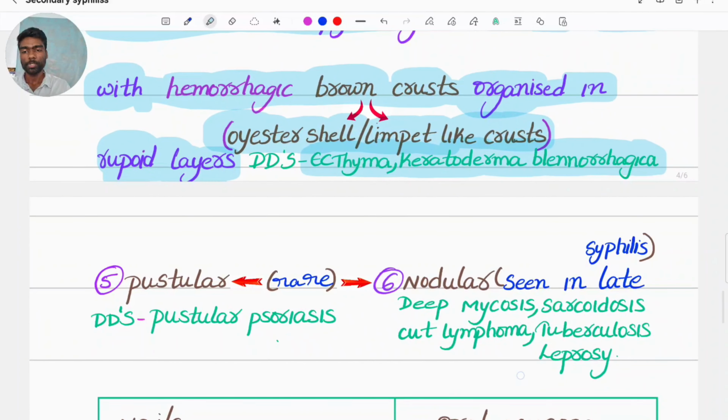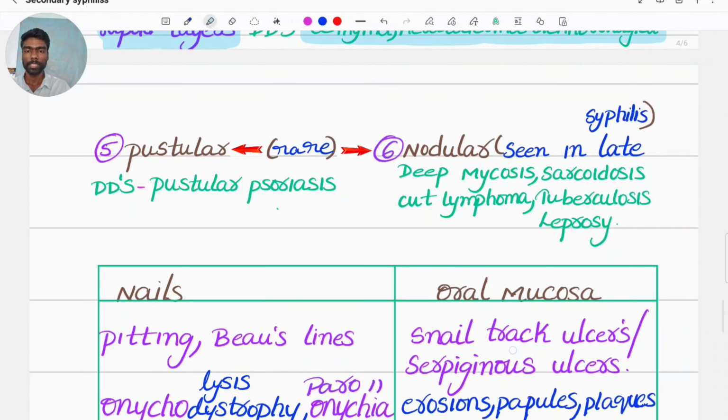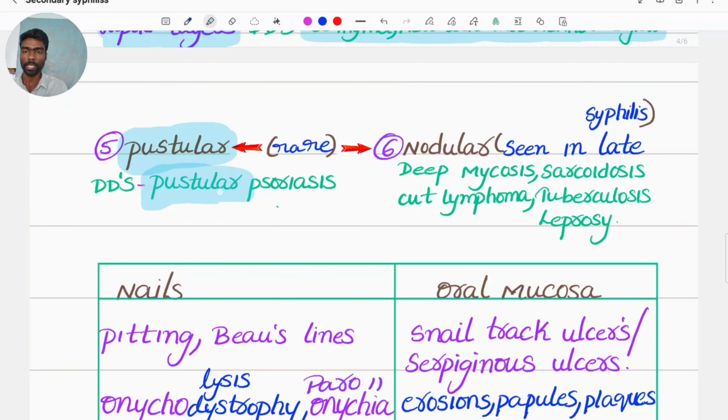Next, pustular syphilide. It may imitate von Zumbusch type of pustular psoriasis. It is rare. Nodular syphilide is also rare. Actually, nodular lesions will be seen in late syphilis. Here in secondary syphilis, it is rare.